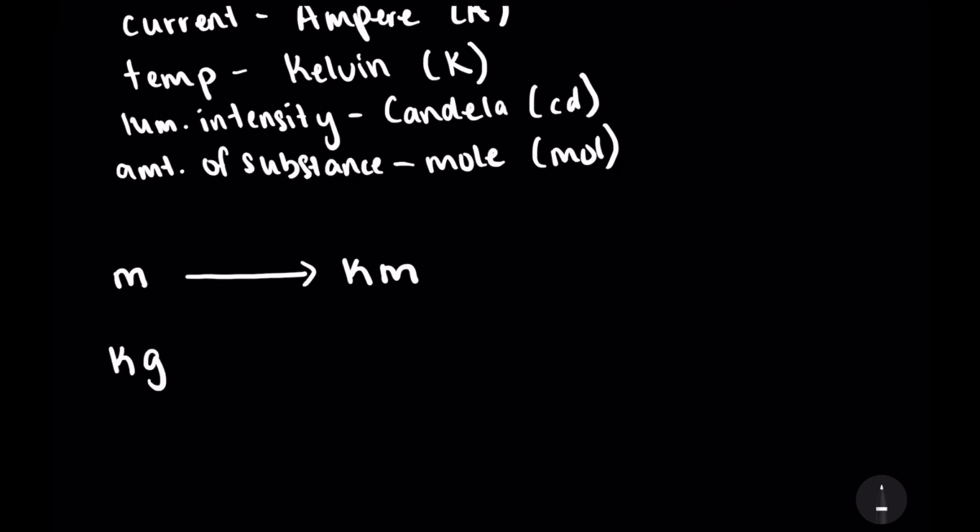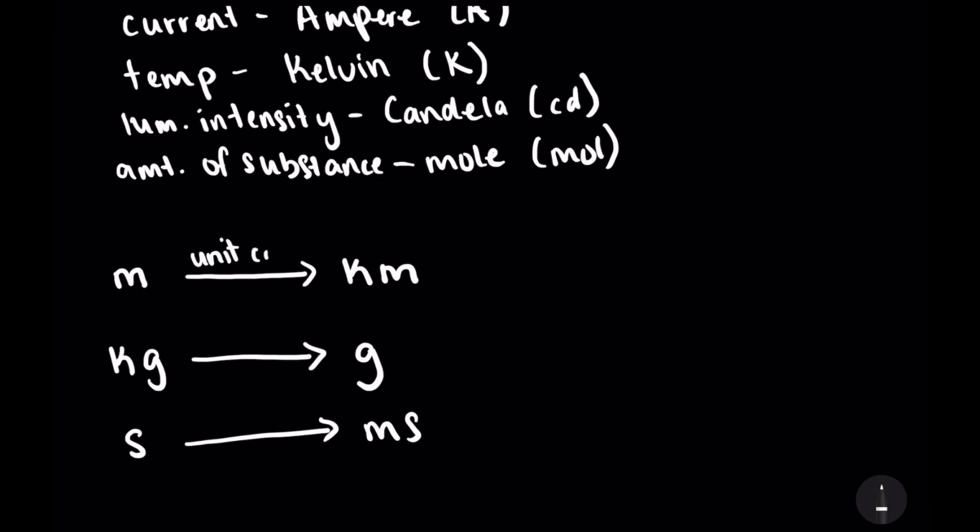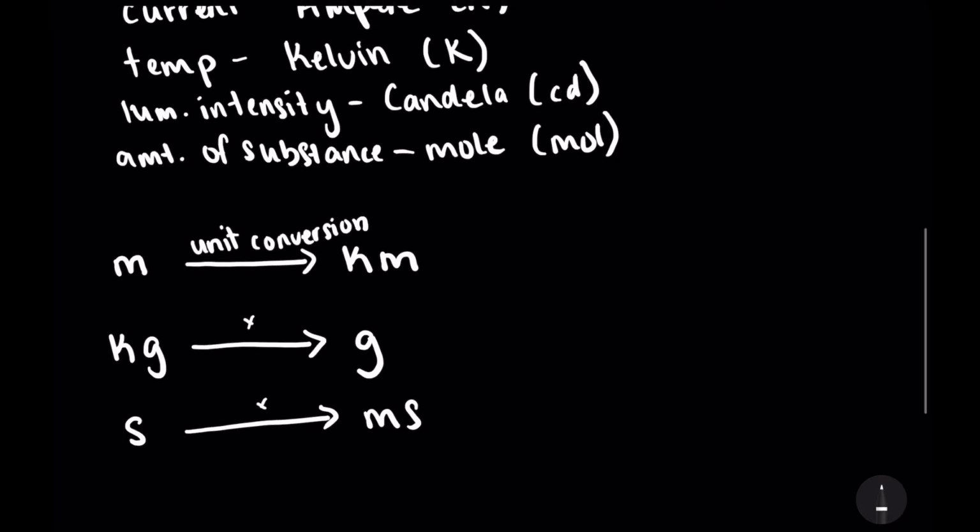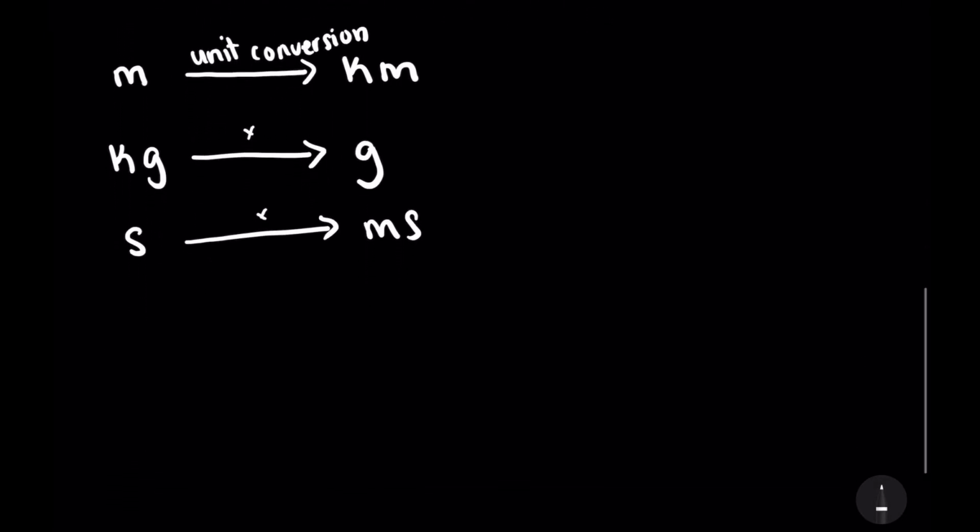And similarly, instead of a kilogram, they wanted you to give the answer as a gram, or instead of seconds, as a millisecond, right? So in all of these cases, we're going to have to convert from one unit to another unit. So how exactly do we do that?